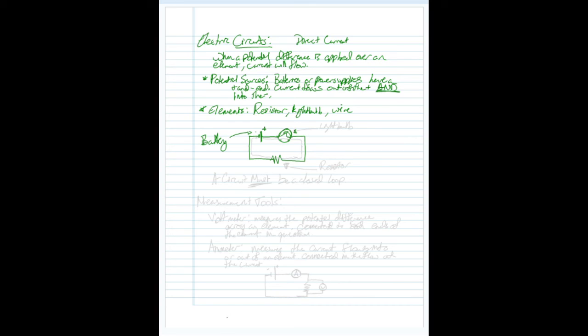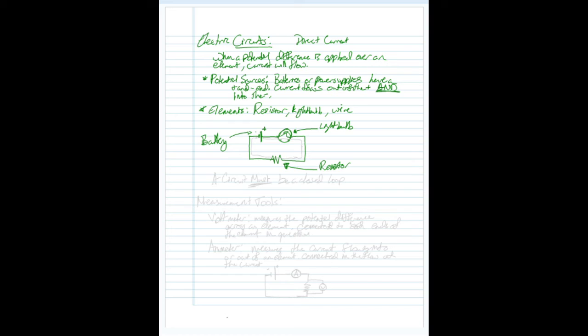This symbol right here, we don't use it that often, is a light bulb. A light bulb is an element that we use a lot of times when we are doing labs with circuits, but not a lot of times will we use a light bulb in our circuit diagrams for doing our math. This right here is a resistor.